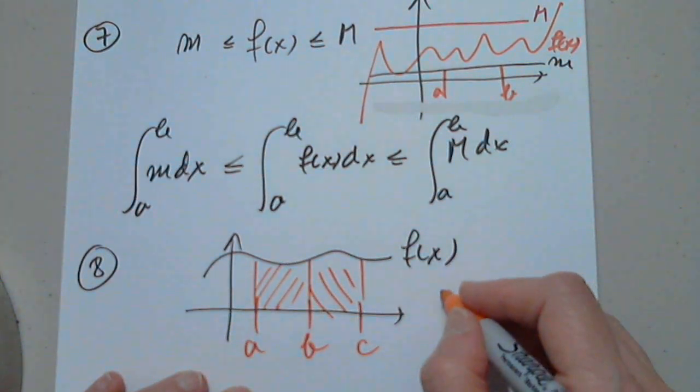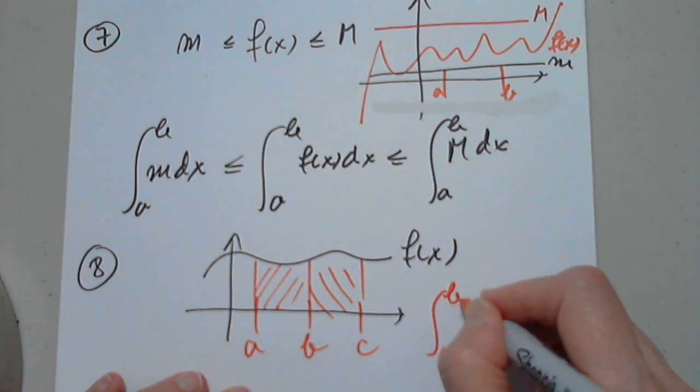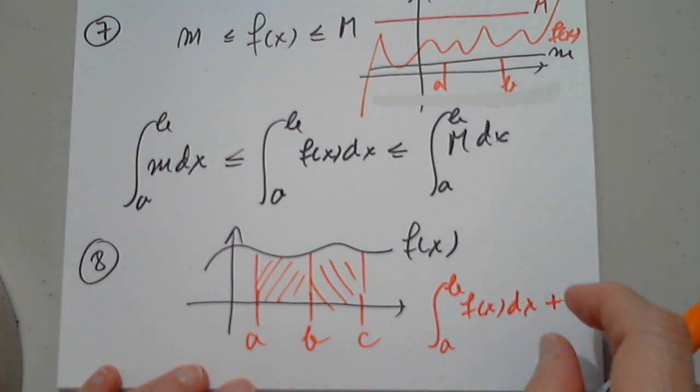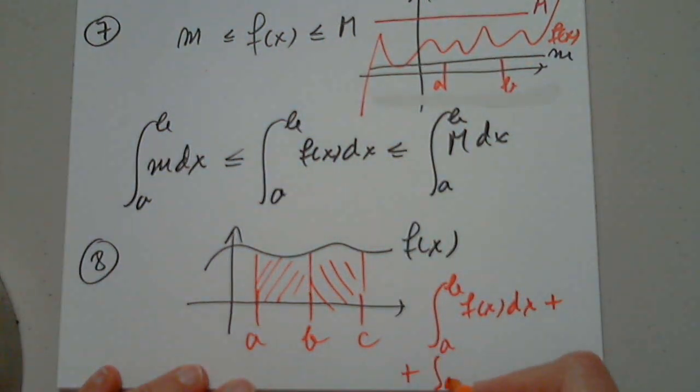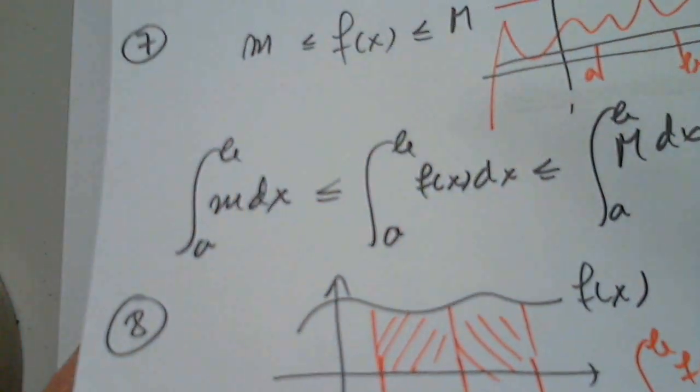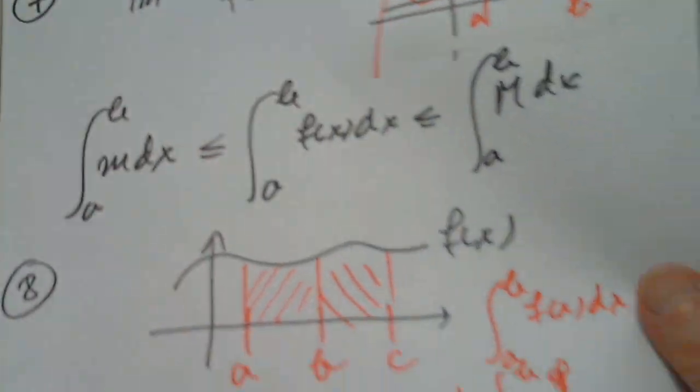What do you think of the area between a and b of f of x dx plus the area a to b, let me write it again because there is no room there. And I will erase that.